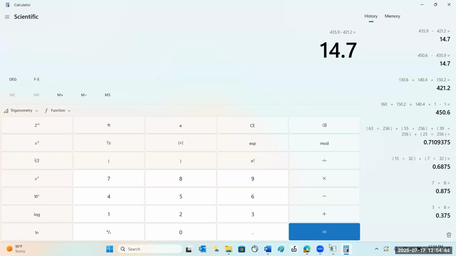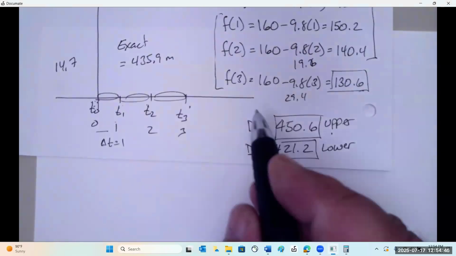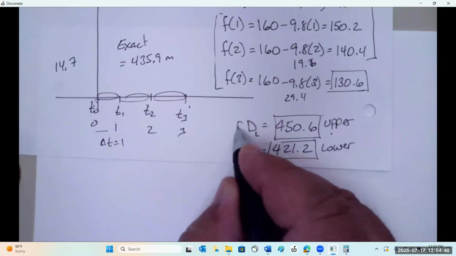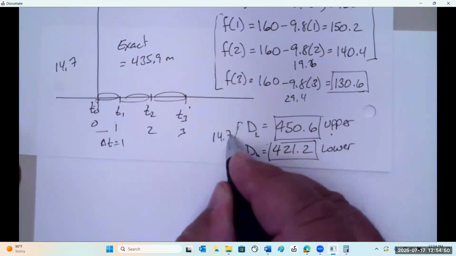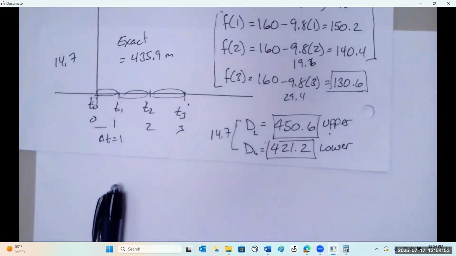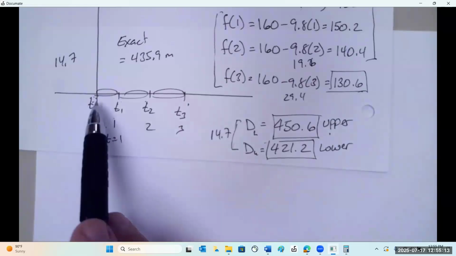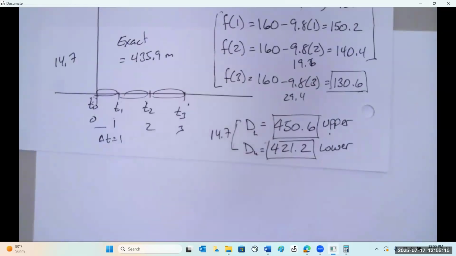So both of these are 14.7 meters away. Why? Because the velocity decreases at a constant rate, and we took the delta t to be the same for all of these.